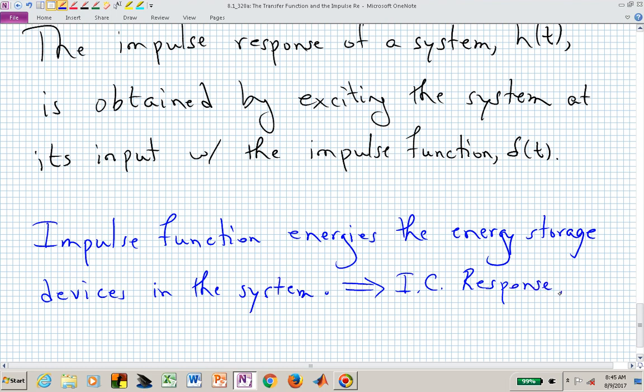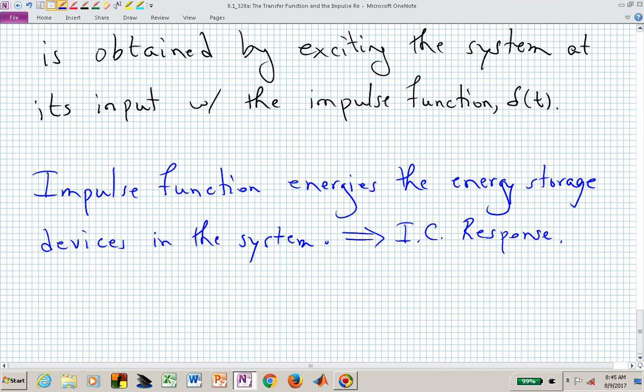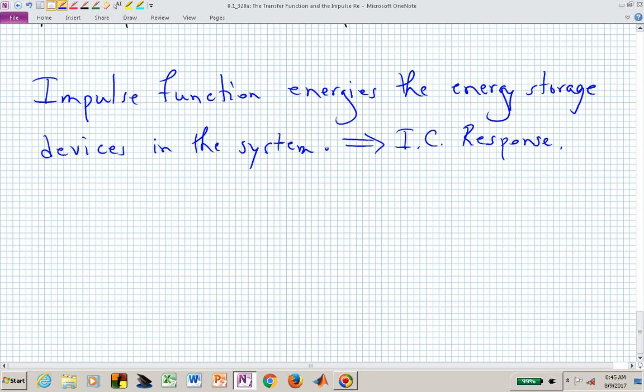And if you're comfortable with the initial condition response, that should give you some comfort with respect to what's happening with the impulse response. It's really just going to be the modes of the system. What are the roots of the characteristic polynomial? Those are now getting excited, and we're seeing all of those in the impulse response if the input actually is able to touch or reach or connect with the energy storage devices in the system.